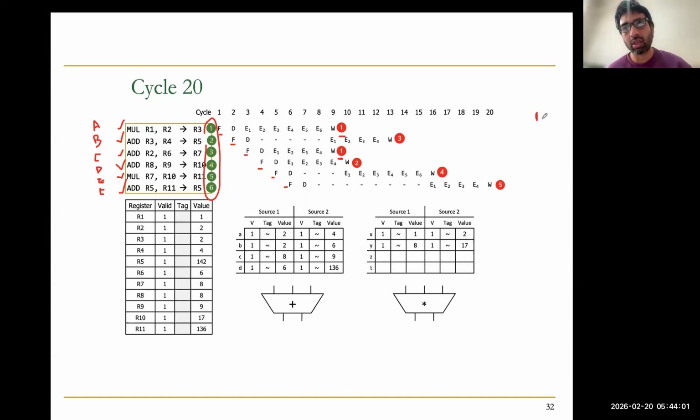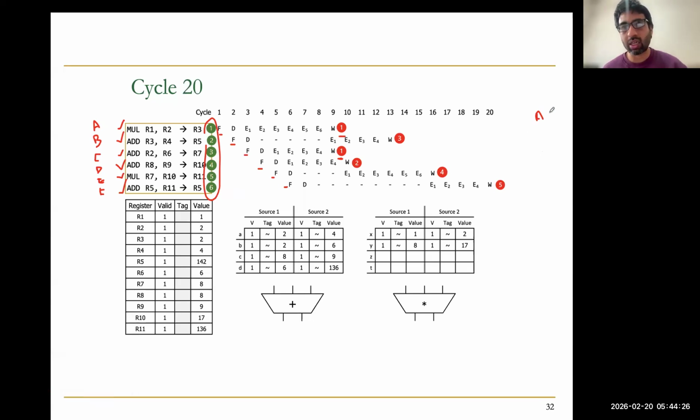The commit order is A and C, they are committed first, then B, then D, then not, sorry. I don't know how to, let me erase it quickly.